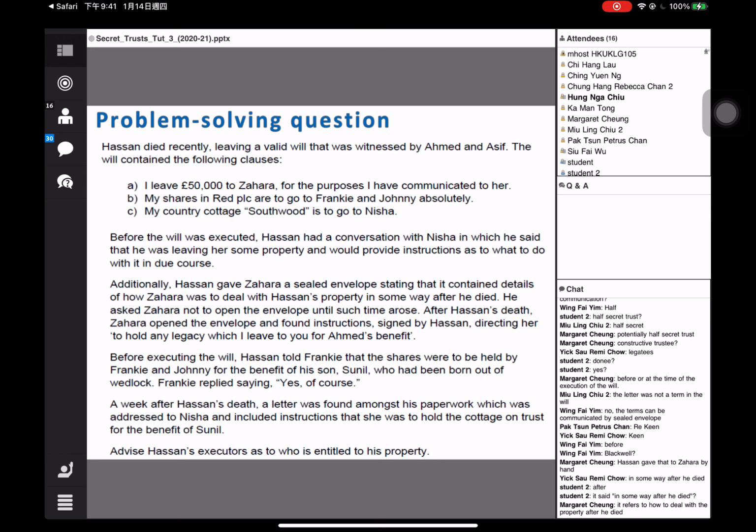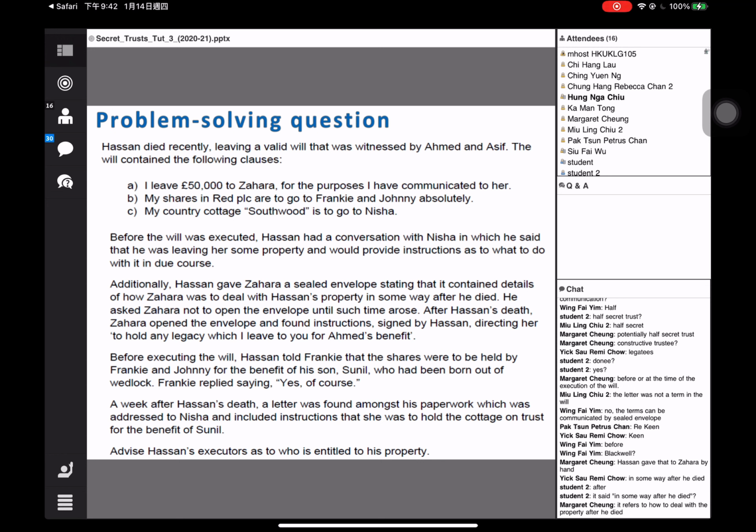So we don't know when the envelope was actually handed over. We know that she read the terms after he died, and actually found them out then. But we know that constructive communication is okay according to Re Keen, but that constructive communication via the sealed envelope must take place before or at the time of the execution of the will.